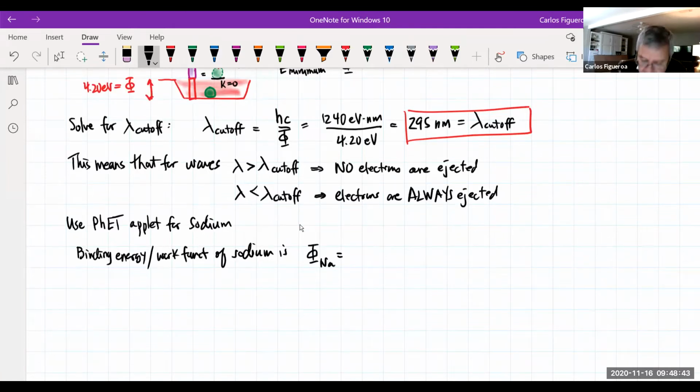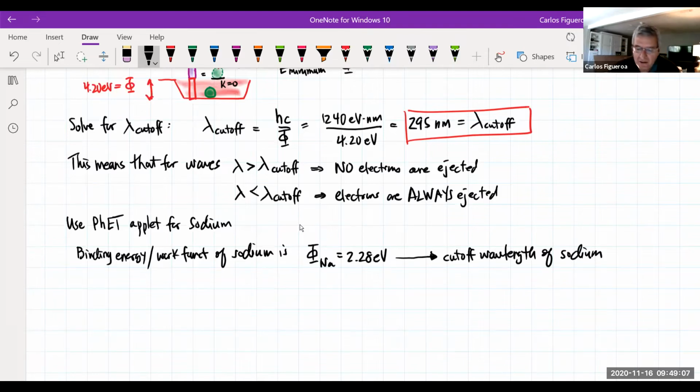Sodium has a work function of 2.28 electron volts. And what did I do? I just looked it up. Because of this, I can then get the so-called cutoff wavelength of sodium.